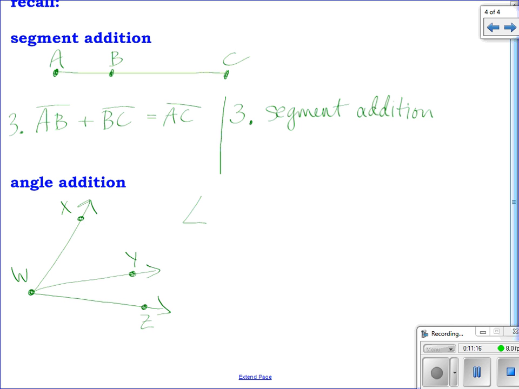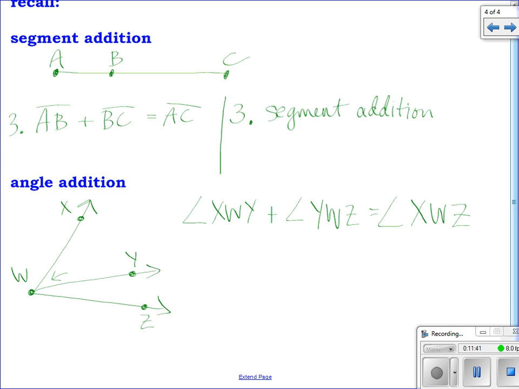Which angle is XWY? The top one right here, okay? That one, plus YWZ, which is the bottom angle, has to equal the whole angle. So if you had this on a proof, your reason would be angle addition. Part plus the part equals the whole. We went through that in chapter 1.